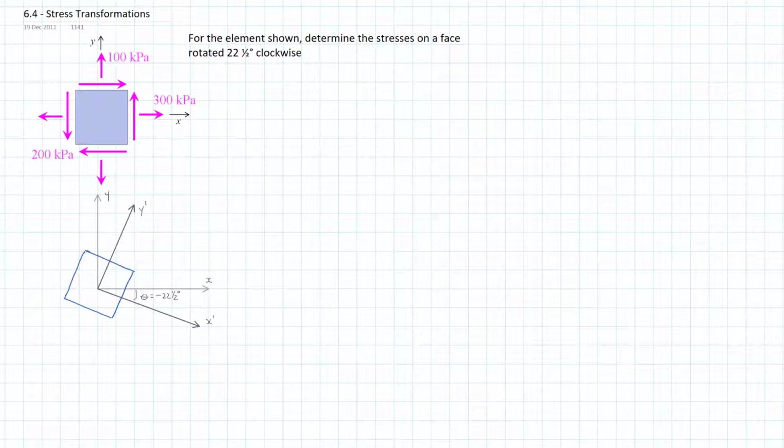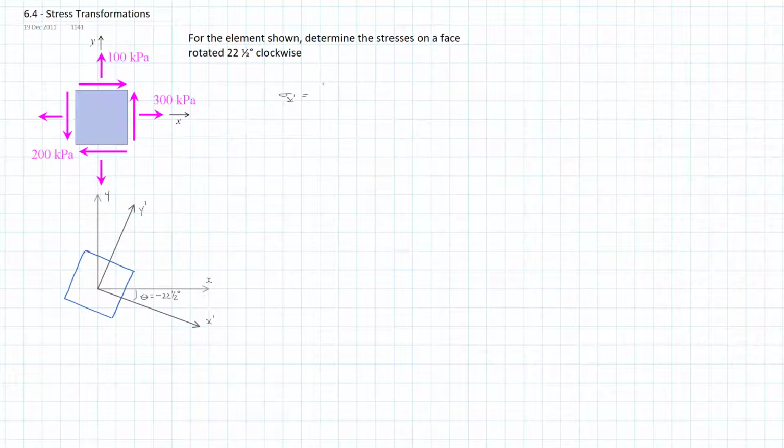To be fair, this problem is really just the application of three formulae that we've covered in class. So I'm just going to get on with writing them out, substituting in my values, and then solving them. We'll start by figuring out my normal stress on x prime.